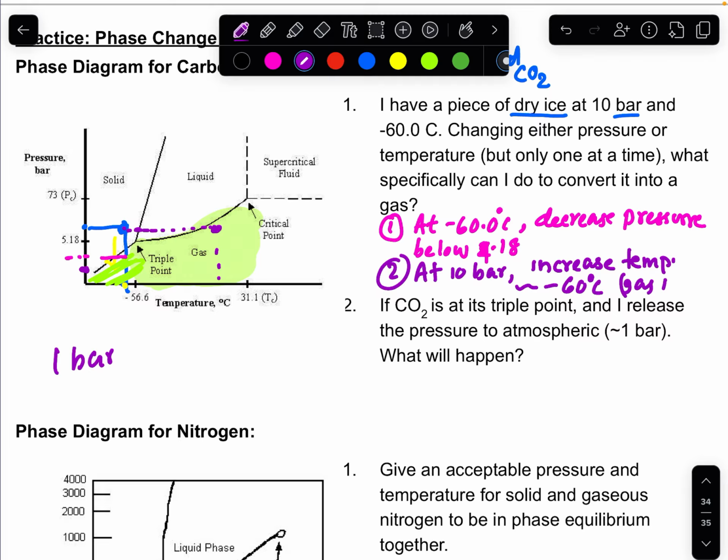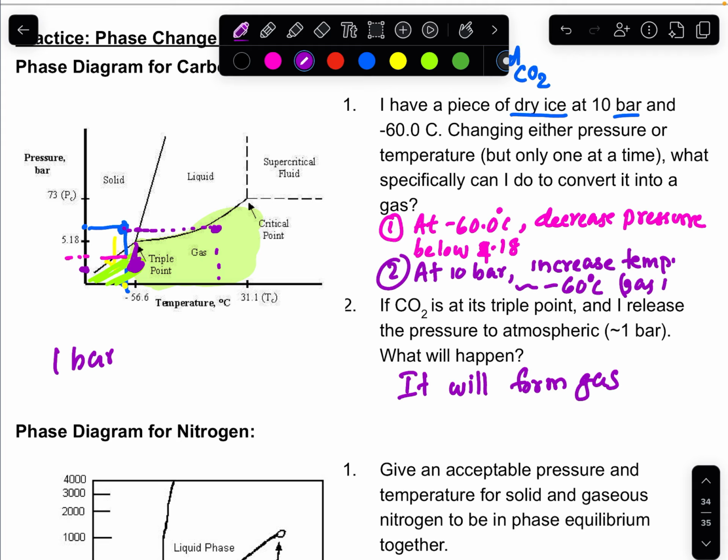At 1 bar pressure, triple point. Okay, triple point, pressure is reduced to 1 bar. That means it's going somewhere here. So what will happen? That will convert into gas. So it will form gas.